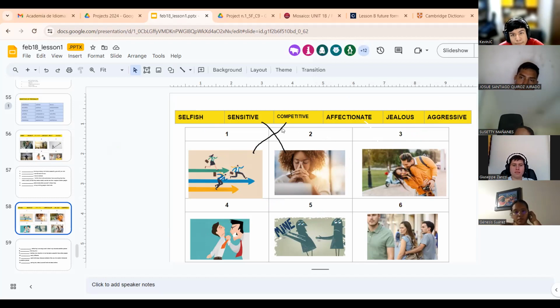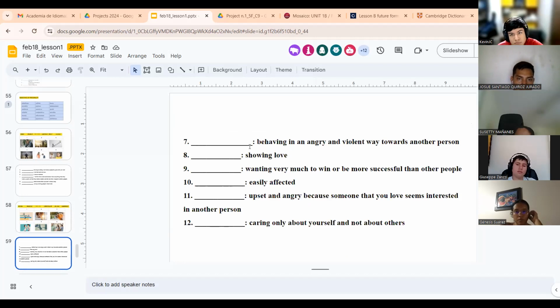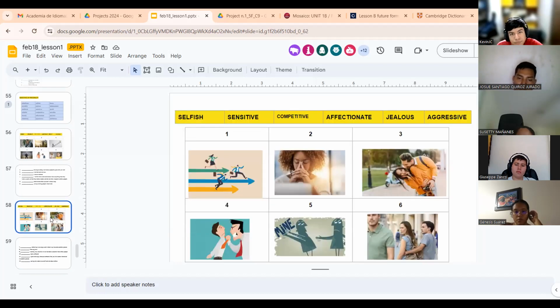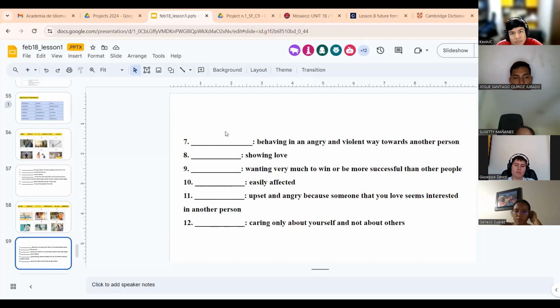Carla, can you please erase your lines? Thank you, darling. Okay, definitions. Again, use the previous words. We had selfish, affectionate. Okay. Seven. Kevin, can you please? Behaving in an angry and violent way towards another person. That is aggressive.